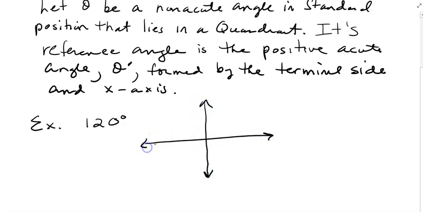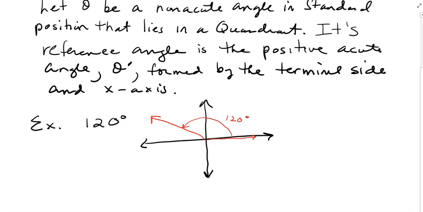Starting on the x-axis, there's your initial side. We move, well, that gets me to 90. If I kept going all the way to the negative x-axis, it would be 180. So 120 is somewhere here. You just have to estimate it.